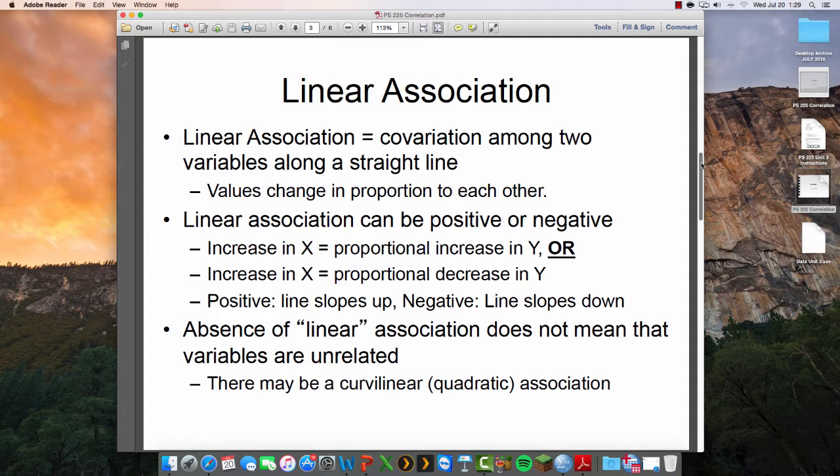But the measures we're studying and the type of relationship we're interested in here are predictably linear and proportional in their value. So it's the simplest form and probably the most useful form for our purposes.